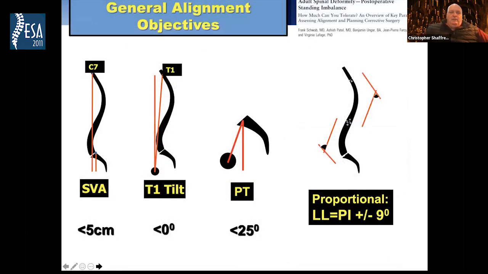And as you're going to see in a moment, this works very well for young adults, but it doesn't hold as true at either extremes of alignment or extremes of age.